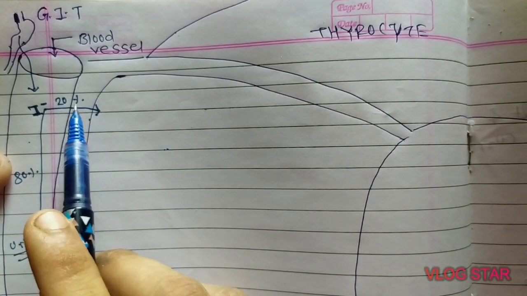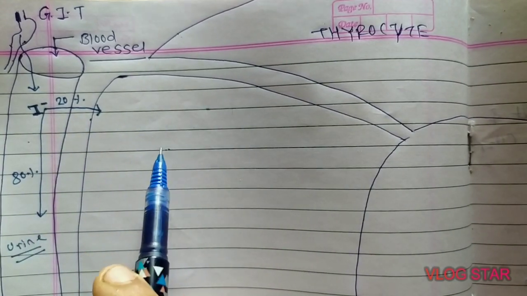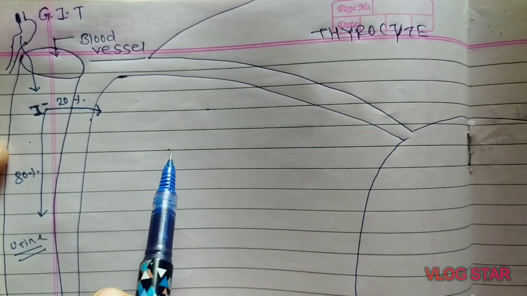So this 20% of iodide cannot directly diffuse into the lipid or directly go into the thyrocyte cell.